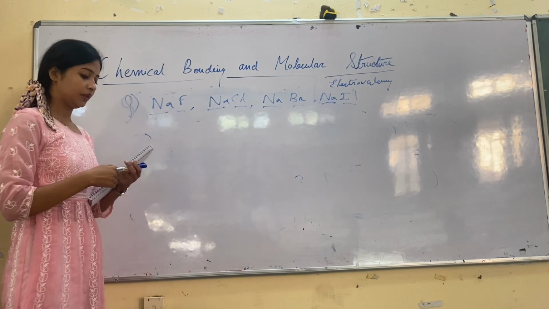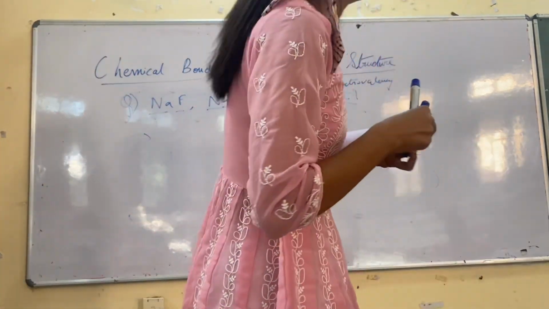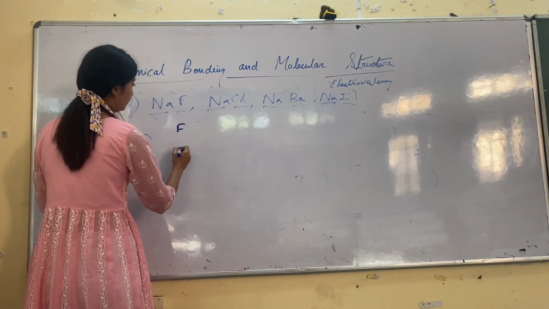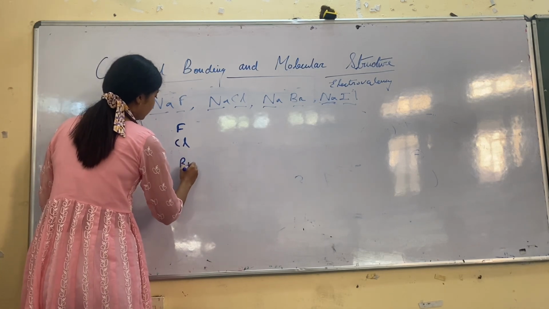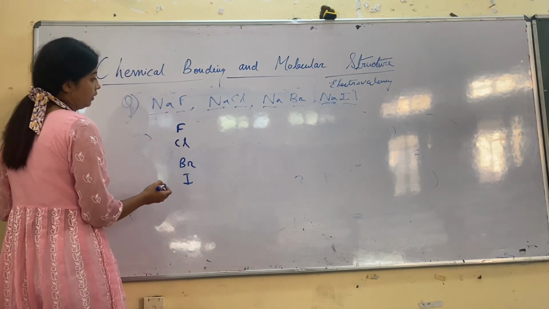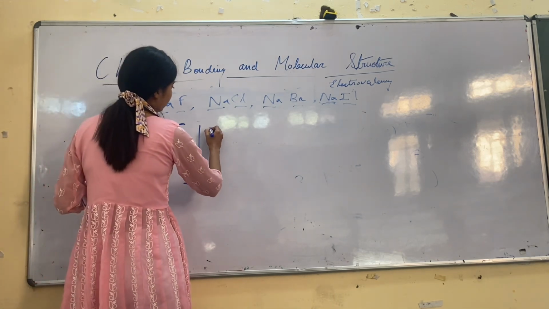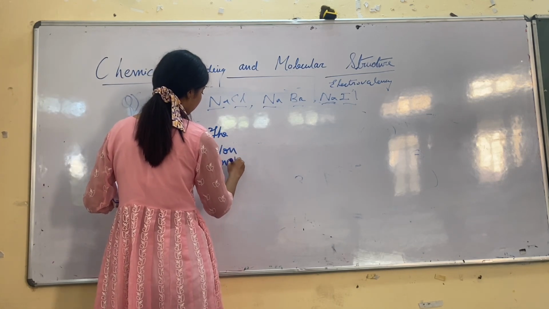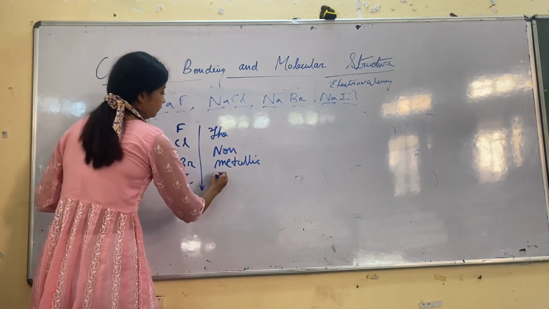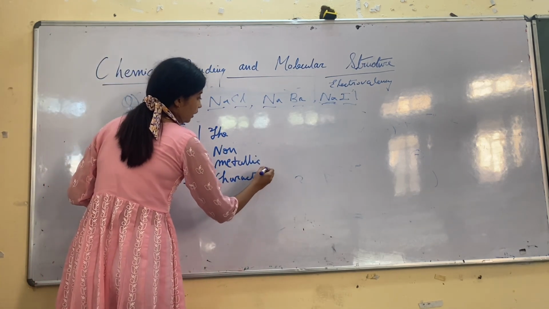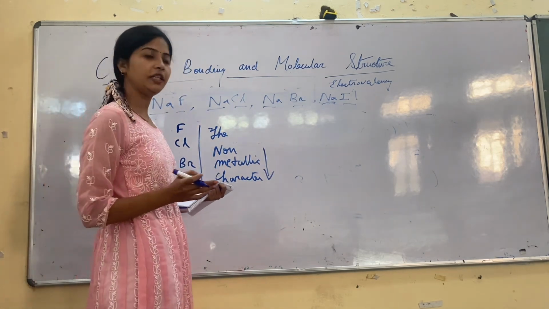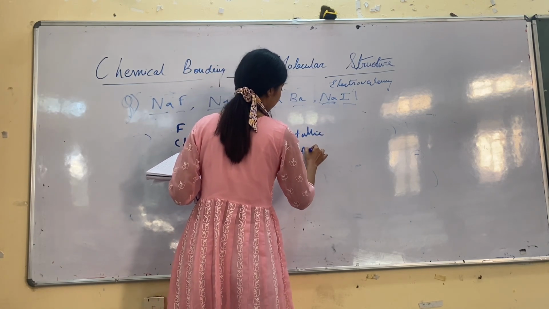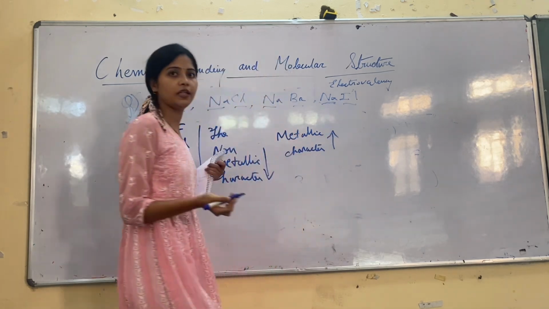So we have to note that down the group F, Cl, Br, I, the non-metallic character decreases and the metallic character is vice versa, increases.